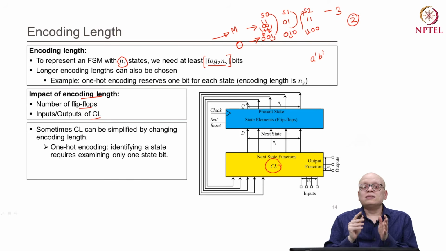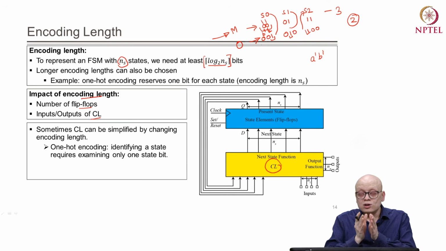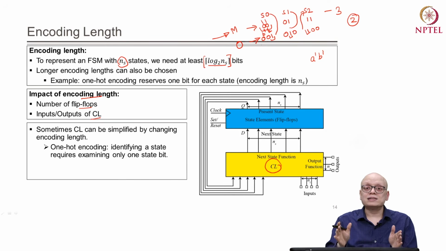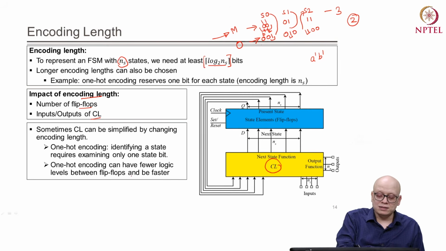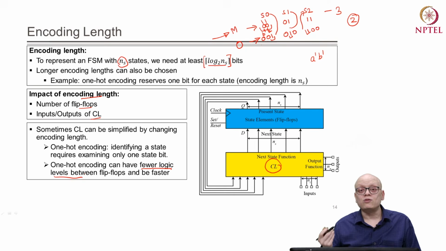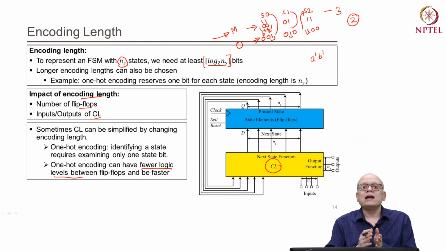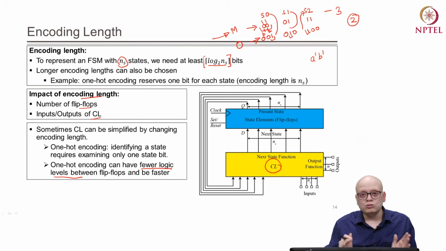Therefore, identifying the current state will require more logic in other encoding schemes than in 1 hot encoding. As a result, the 1 hot encoding scheme can have fewer logic levels between flip flops and be faster in some cases, right. Therefore, we can try different encoding lengths also to optimize our FSM.